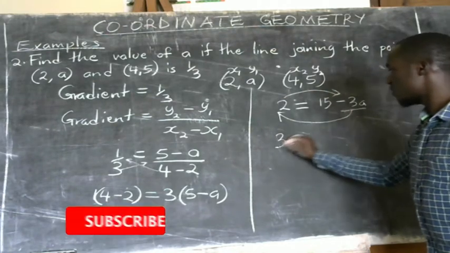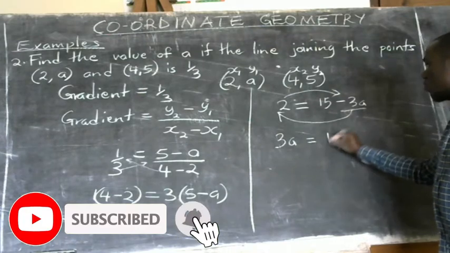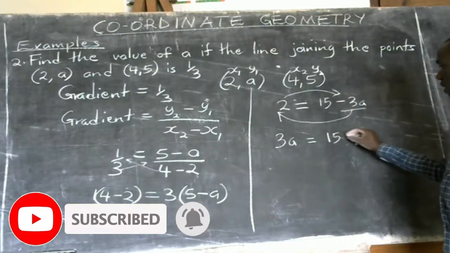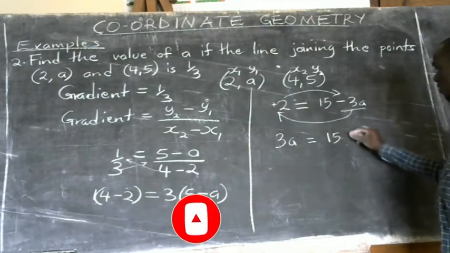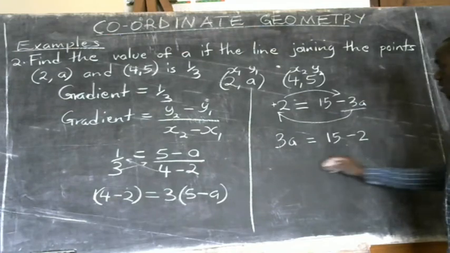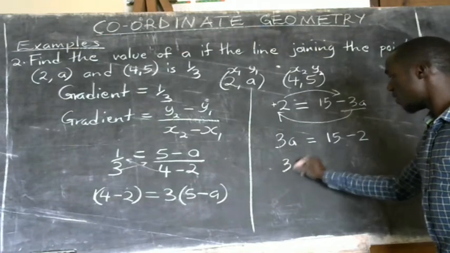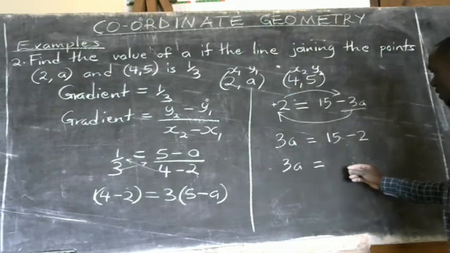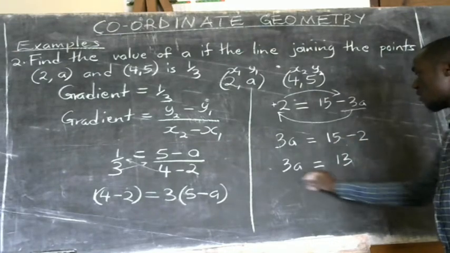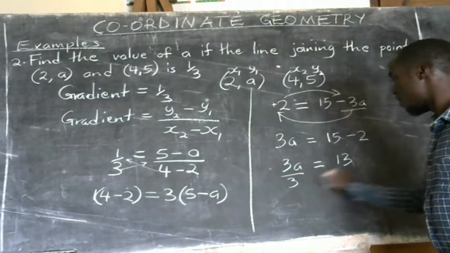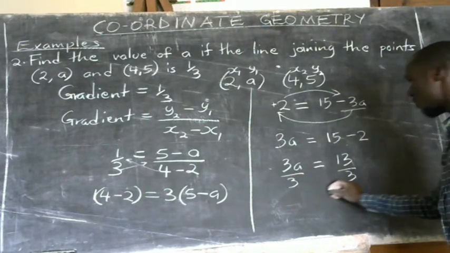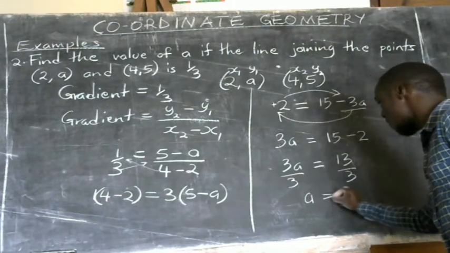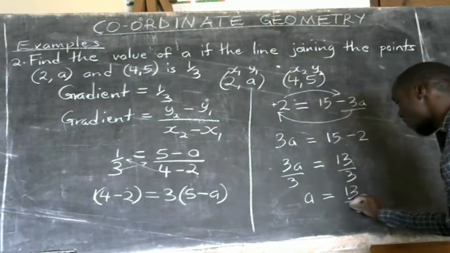So this is positive 3a is equal to positive 15, and then this one was positive, crossing the equal sign, it's now a negative. So I'm having my 3a is equal to, when I subtract here, I get 13, then I divide both sides by 3. So I get the value of a as 13 all over 3.